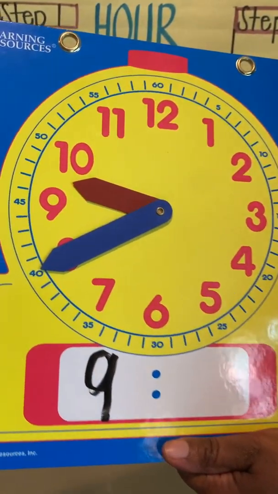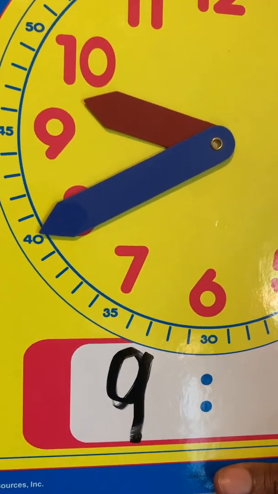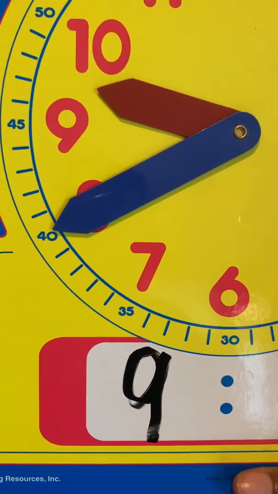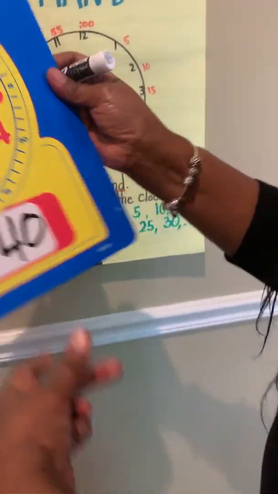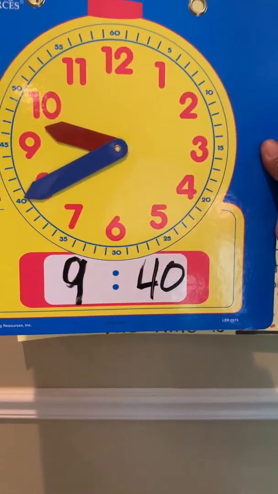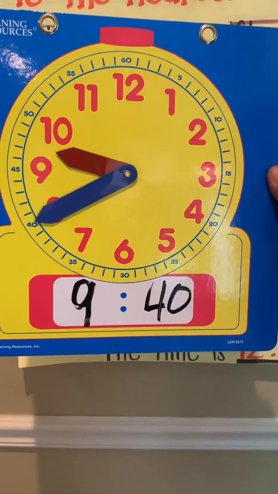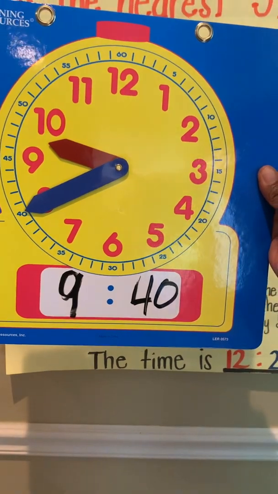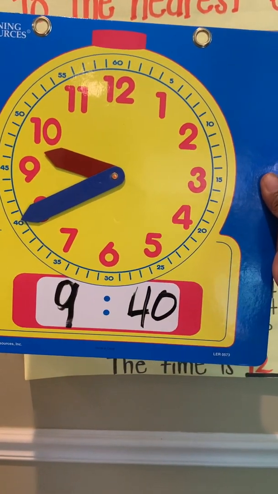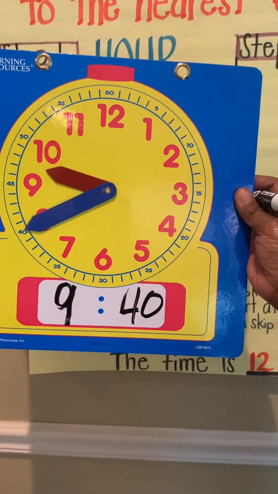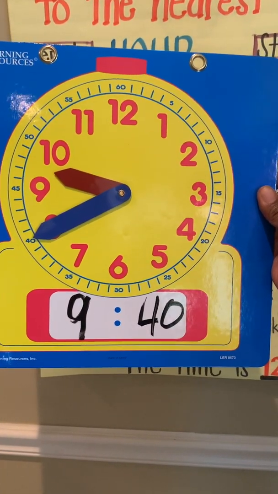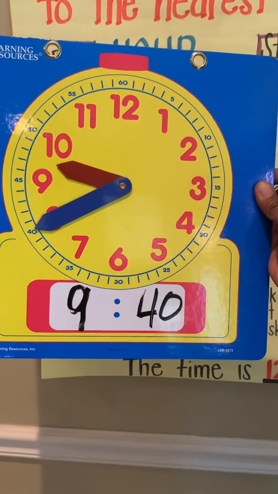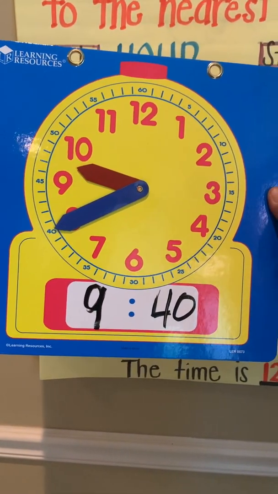So what would we say would be our minutes? Okay, 40. Very, very good. So what is our time? Our time is 9:40. Boys and girls, you did an excellent job with telling time to the nearest 5 minutes.